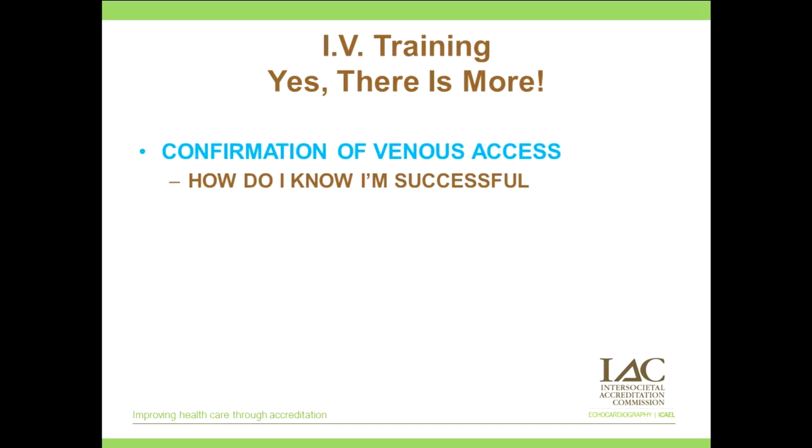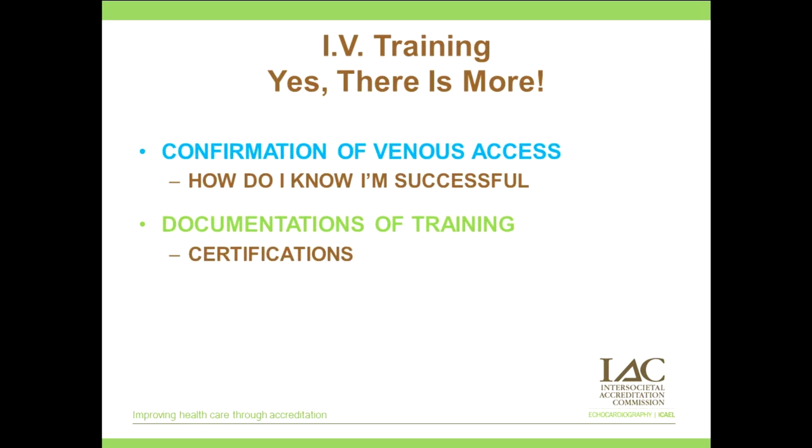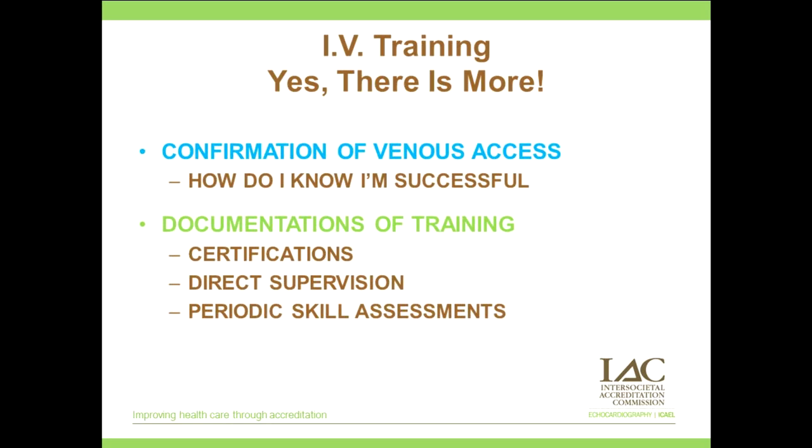So once you are trained, you're going to have some kind of documentation of training. This can be either in the form of a certification if you go through a formal program. Now, if you were trained by direct supervision like we were, an option would be to have a competency form. It's also a good idea to have periodic skill assessments or IV in-services.